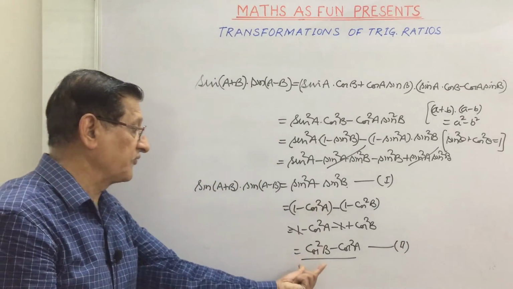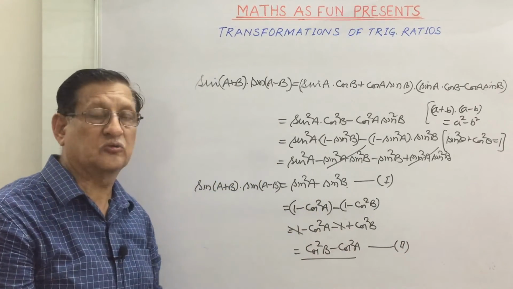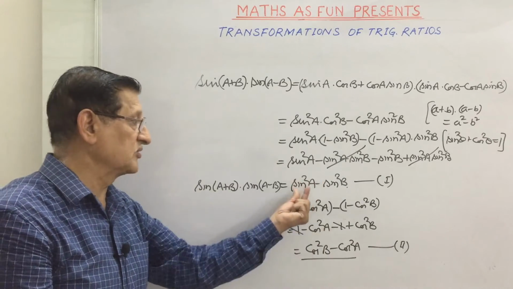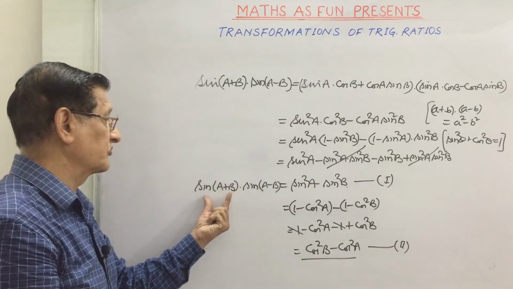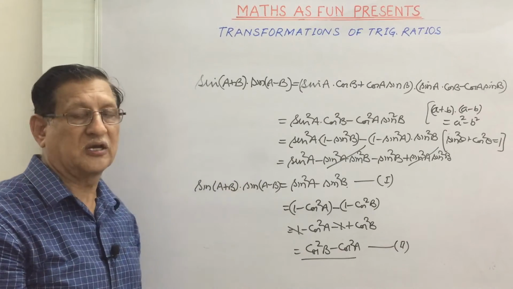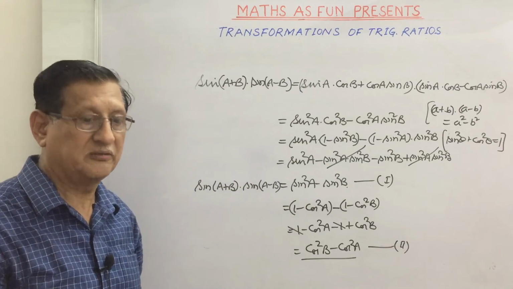It means we have the difference of either cos square B minus cos square A or the difference of sine square A and sine square B. This is equal to the product of sine (A plus B) into sine (A minus B).